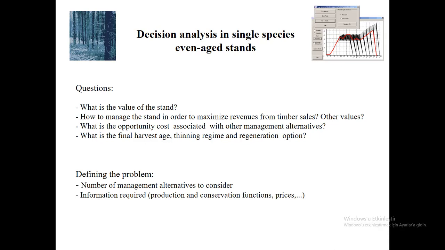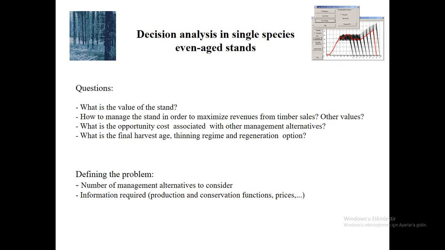Management regime refers to a set of silviculture operations, starting from plantation, pre-commercial thinning, thinning first, thinning second, thinning third, whatever. There are a number of options. One option would be to just regenerate and harvest. A second option would be regenerate, pre-commercial thin, harvest. A third option, regenerate, pre-commercial thin, first commercial harvest and clear cut.